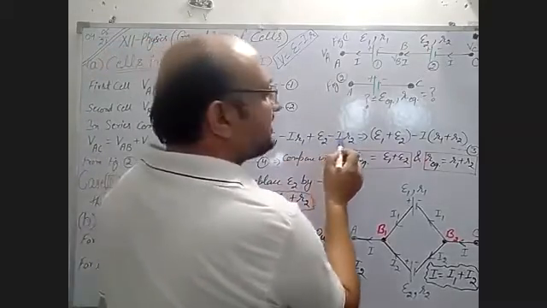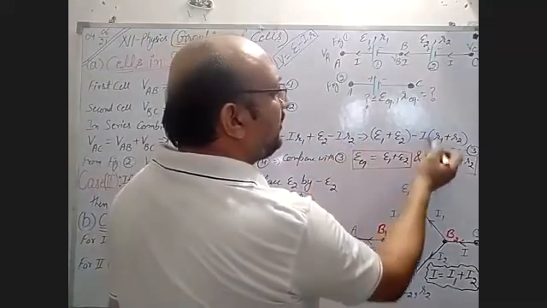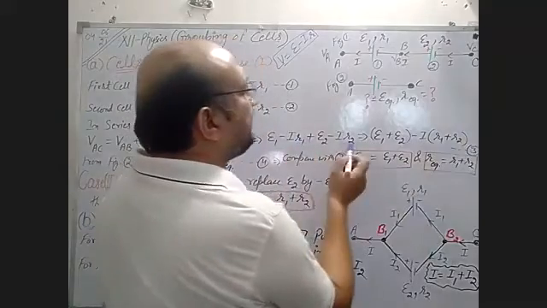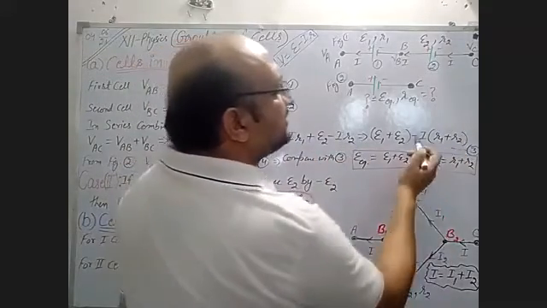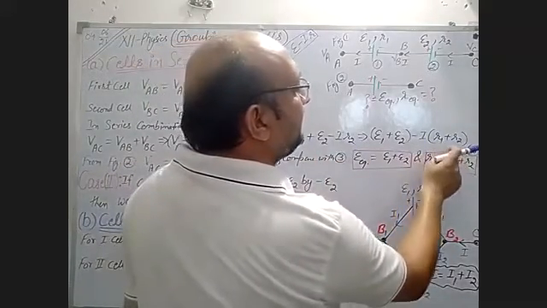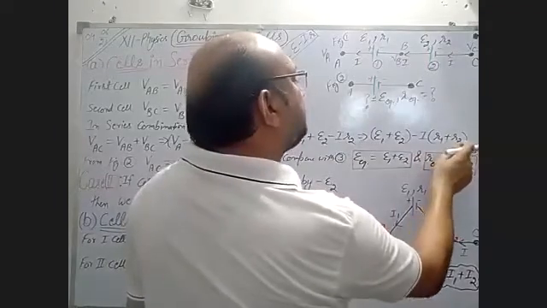This part is also in minus. Now take minus I common, and R1 plus R2 is there, because minus is there.